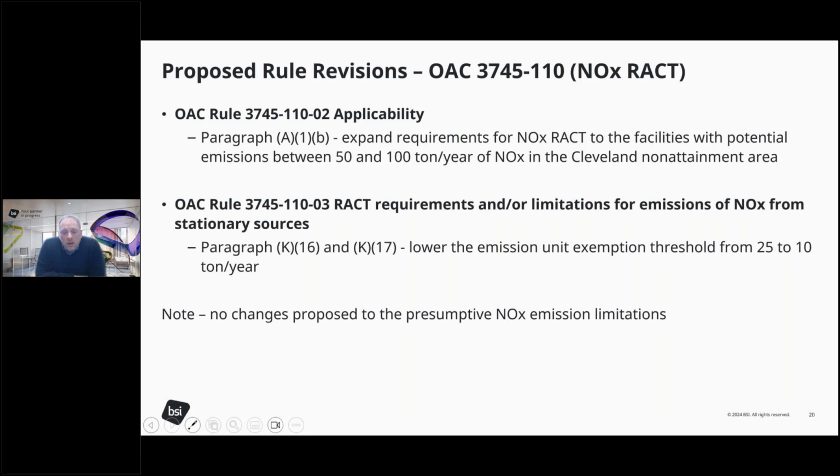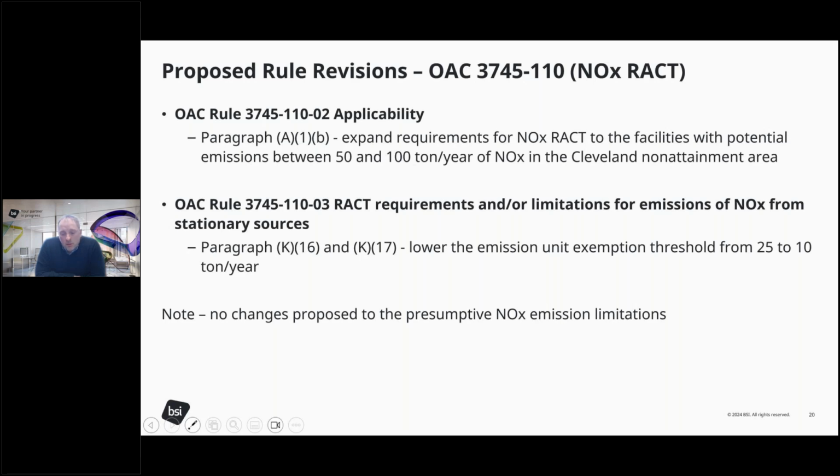This revision will impact facilities that are now major sources, requiring them to complete a NOx RACT study on emission units other than the boilers, gas turbines, and IC engines that do not qualify for an exemption.